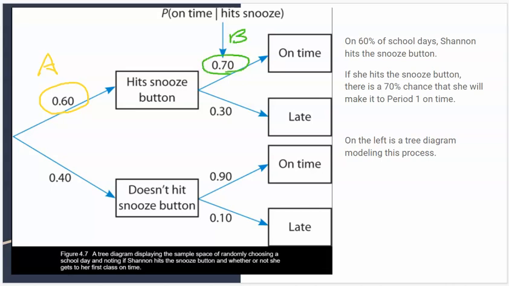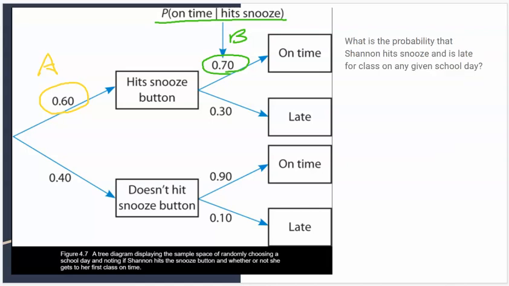You can also see that here is the probability where she hits snooze and is on time. Well, rather than and, it is she's on time given that she hits snooze. So you can kind of see this is the probability that's conditional. This is like the probability that's part of it. And if you want to find out the product, the chance that she did both of these things, you just have to go down the branches. Same can be said for any of these other pieces here too.